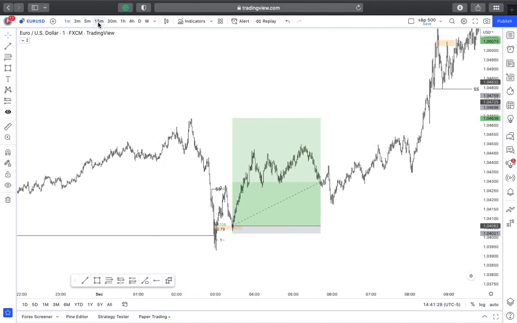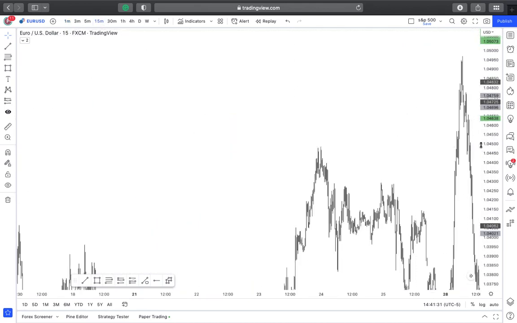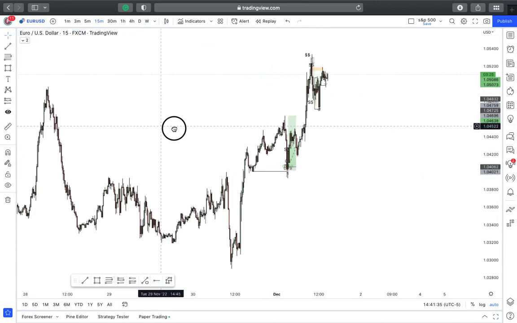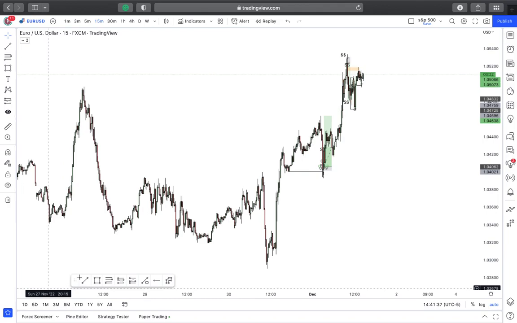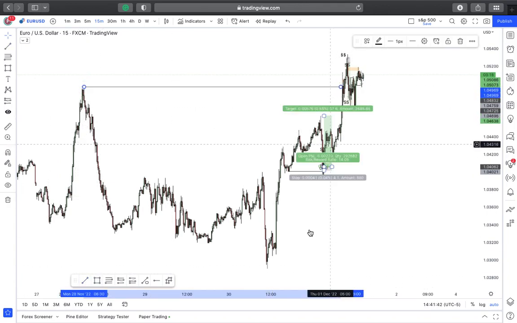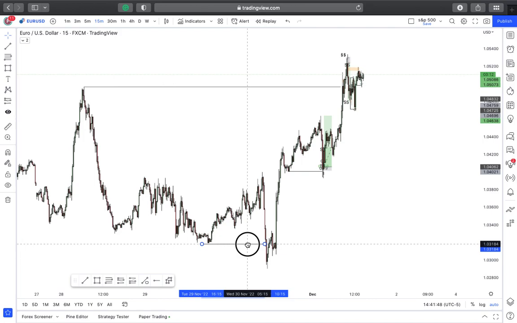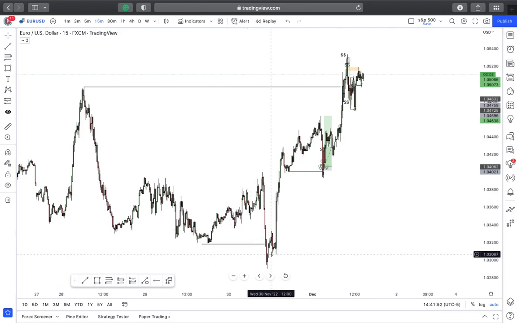Now do remember something very important. Just in the morning I shared that this was my ideal price. I was waiting for this to be retested because if you see the last day video I shared on my Telegram group, this was the sell side liquidity that we cleared yesterday, and this was the buy entry.